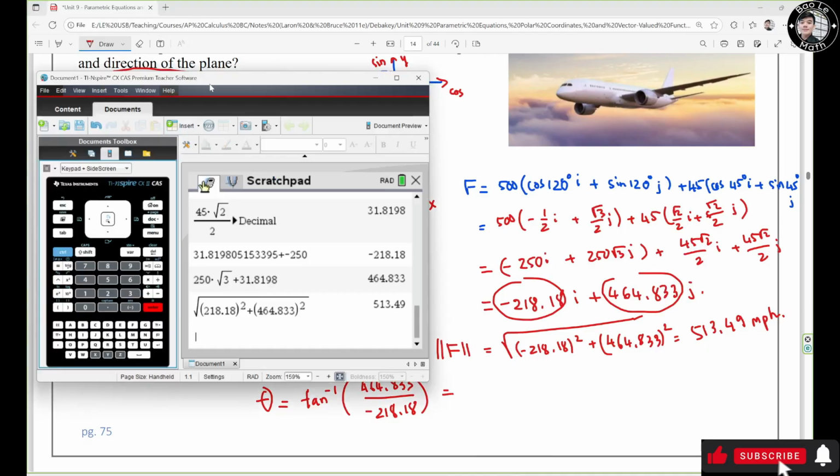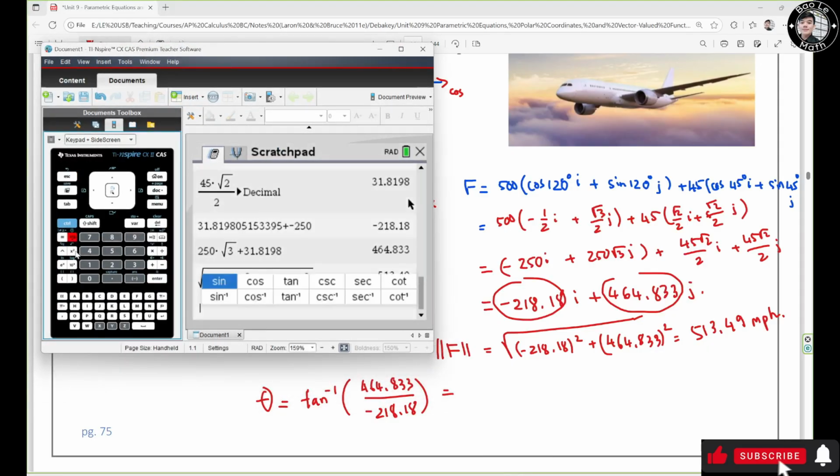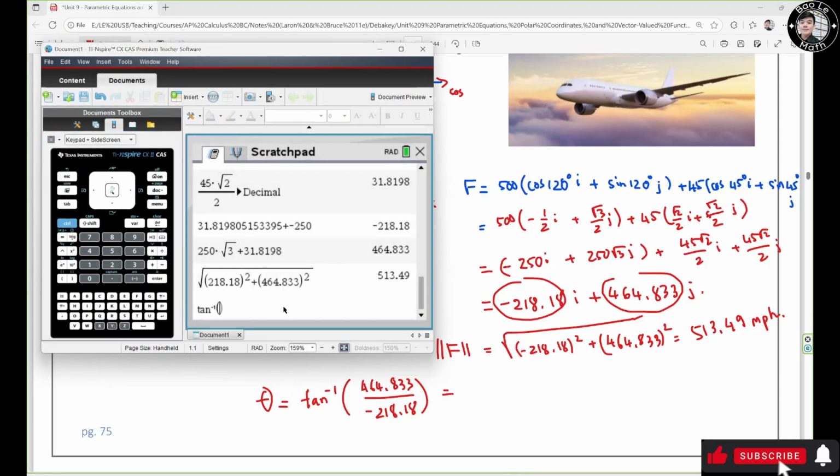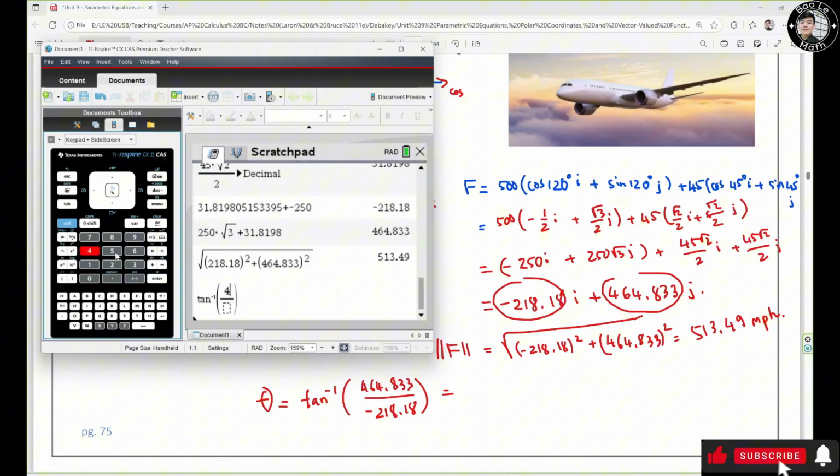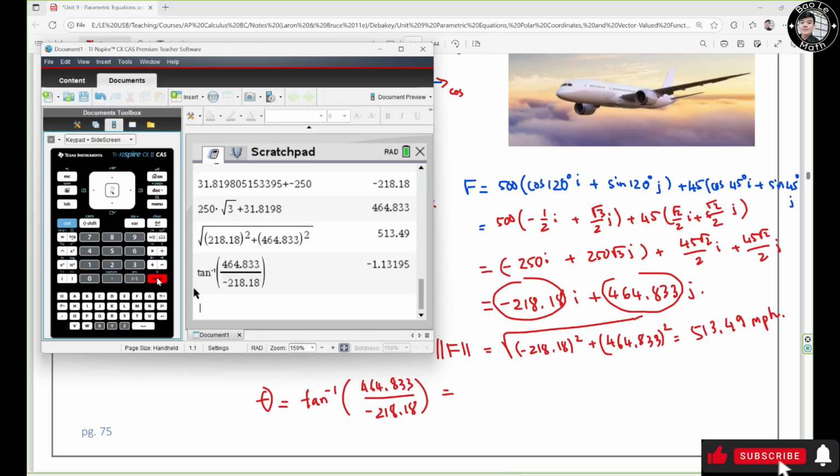Now, I'm going to bring up the calculator. Press inverse tangent of 464.833 divided by negative 218.18 and then press enter.